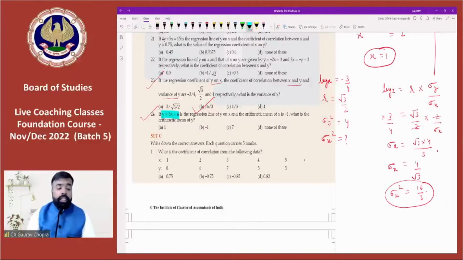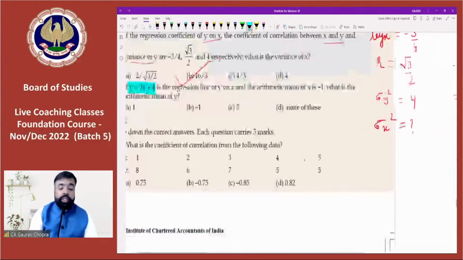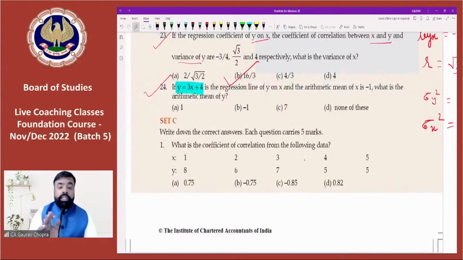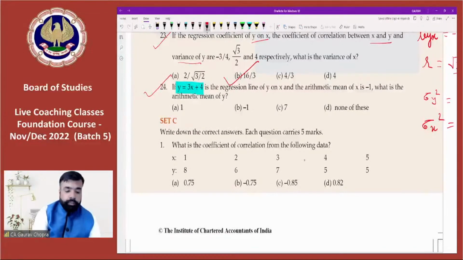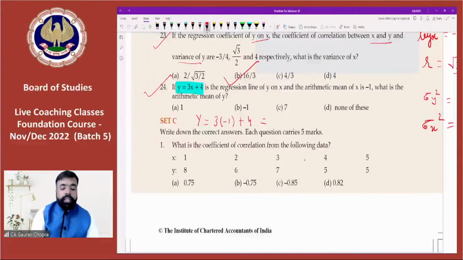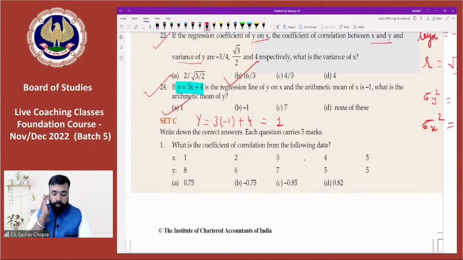What should be the arithmetic mean of y? So here the mean of x is already given. Just substitute the value and get the result. So y equals 3 into minus 1 plus 4. So we are getting 1. Option number A.